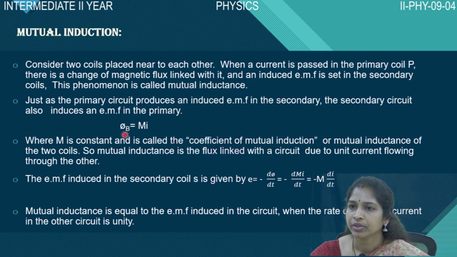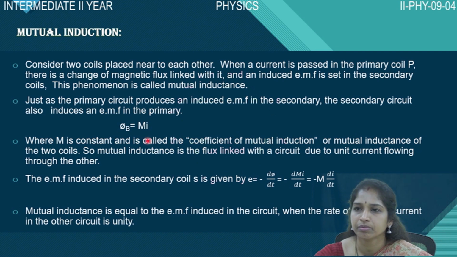But here, the flux that is generated in one coil due to the change in the current in the other coil, or you can say due to the change in the flux in one coil, current is induced in the other coil. So that is why if we remove the proportionality, we write a constant M, which is called the coefficient of mutual induction or mutual inductance.